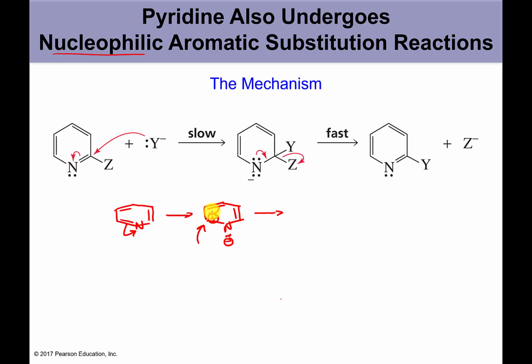And then one more resonance structure that's important to look at is this one, where you have positive charge now in the 4 position relative to the nitrogen, like this. There's actually 2 lone pairs on this nitrogen. And then one more, you get, again, another ortho, or 2 position carbocation.